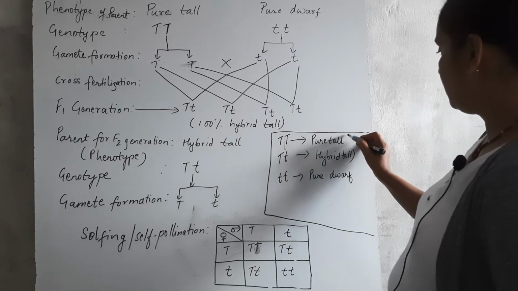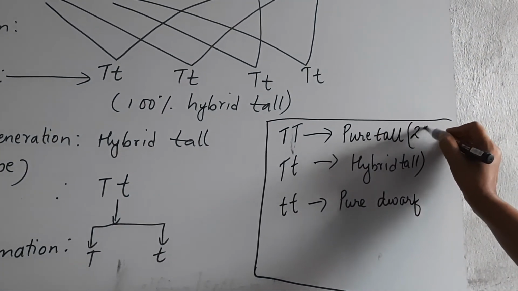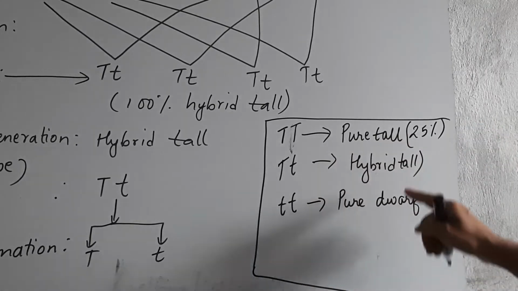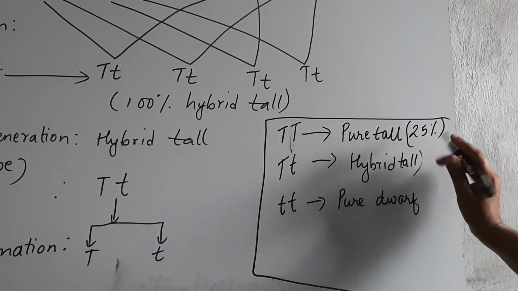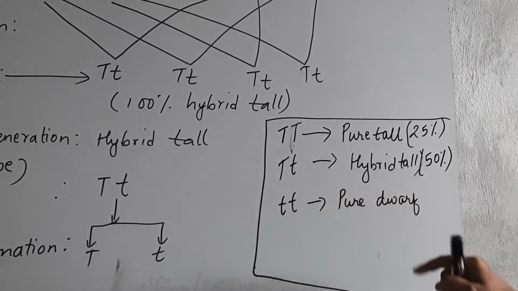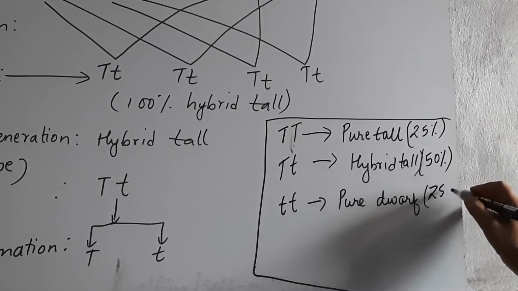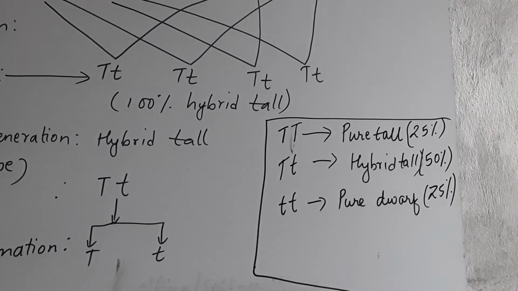he has obtained in the second generation, the pure tall he obtained the 25% result, hybrid tall he obtained the 50% result, and pure dwarf he obtained the 25% result.